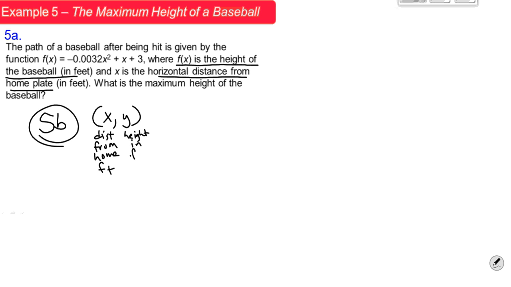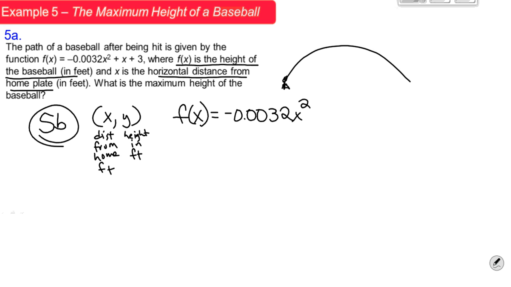So we're talking about, here's the little person, they just hit the ball and it's going like this, and we want to know when it got to the maximum height. And we have this rule, f of x equals negative 0.0032x squared plus x plus 3.